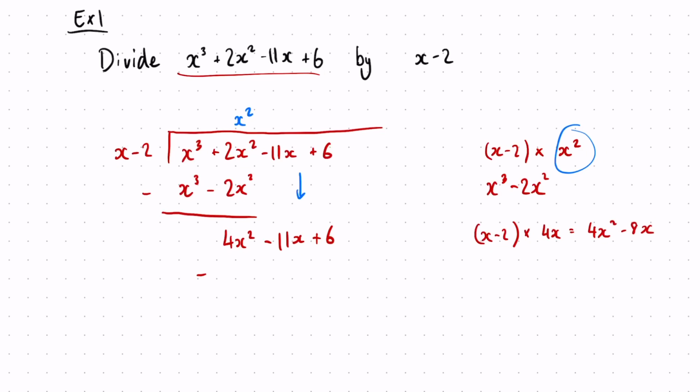Well, 4x squared minus 4x squared is 0, that's what I've been trying to do, so that should always be 0. Minus 11x minus 8x gives us minus 3x, and again, transfer what's left over down, plus 6.